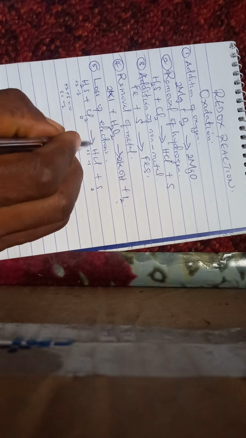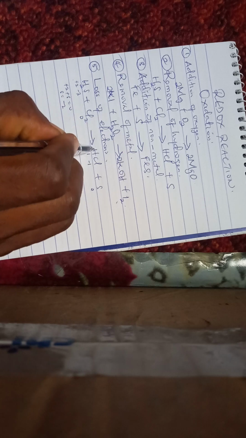Okay, let's balance it. It seems that the equation is not even balanced, because we have 2 hydrogen here. 2 should be here too, and chlorine is 2 here, 2 here, sulfur is 2. Okay, it's balanced.